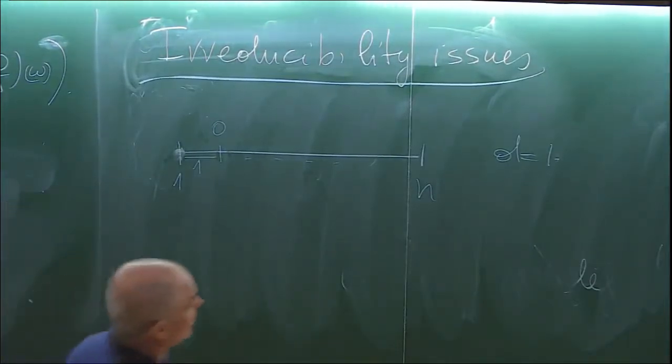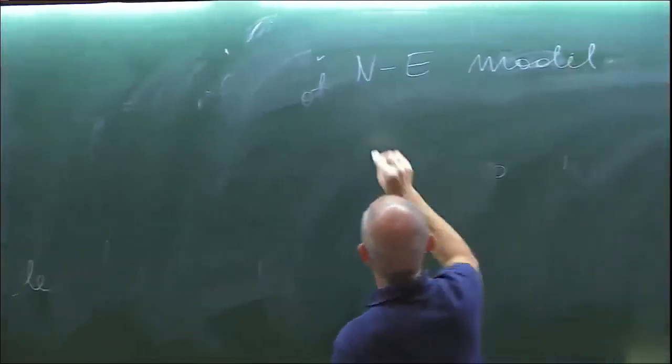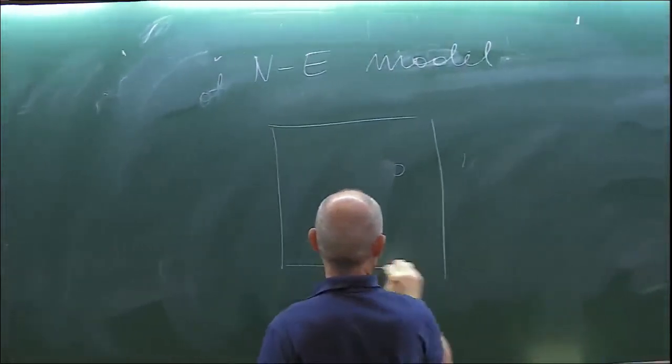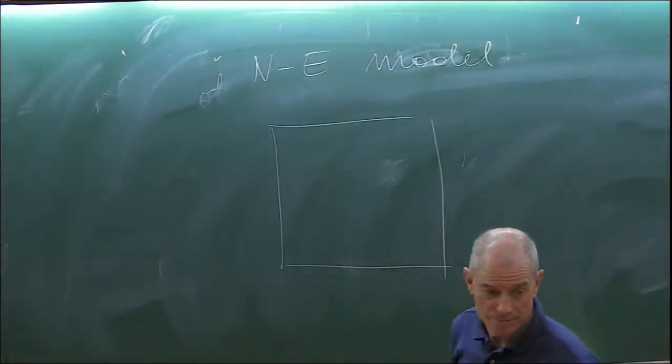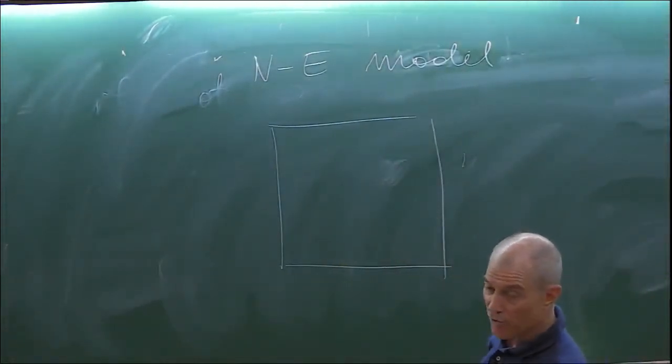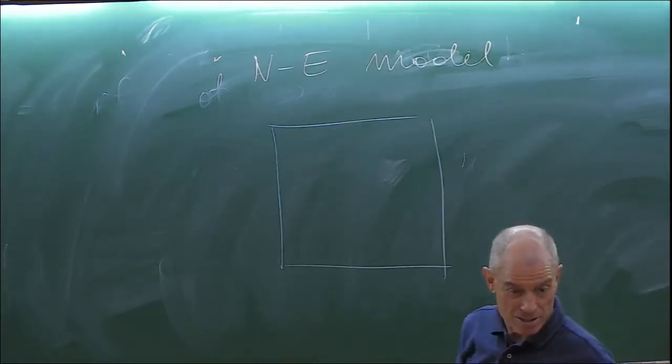Okay, for example, the northeast model, say in a box, okay? So the northeast model, in order to flip, you need the north and east neighbors to be 0, okay?